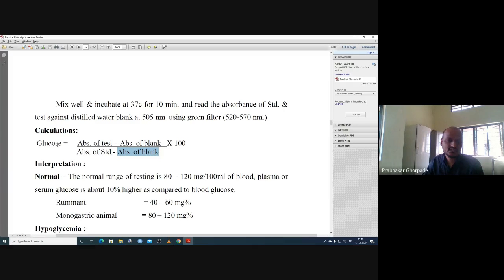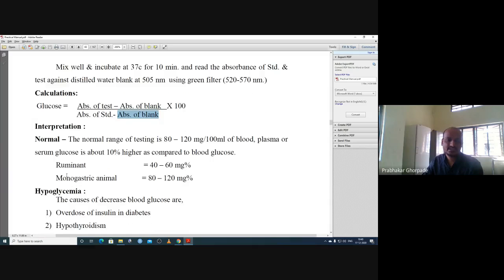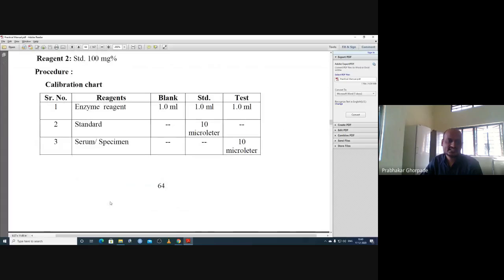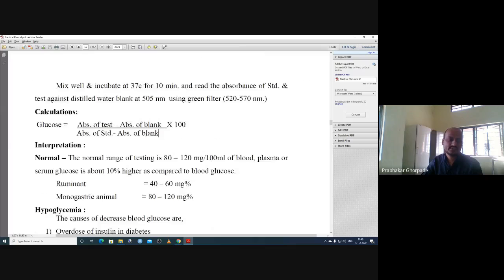So you will get the glucose concentration in milligram per deciliter. That is how we do the actual biochemical test in our biochemistry laboratory. So the blank, standard, and the test you have to prepare likewise.